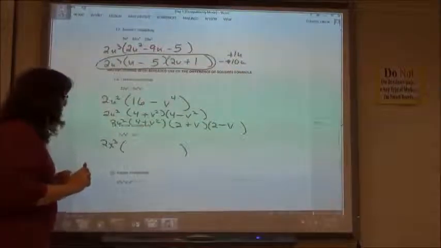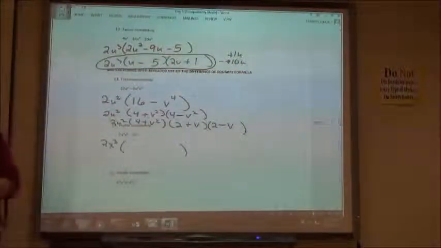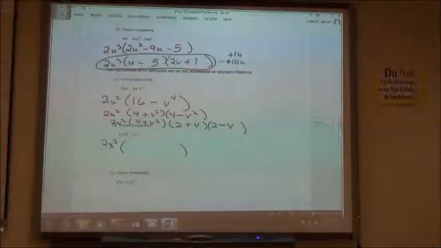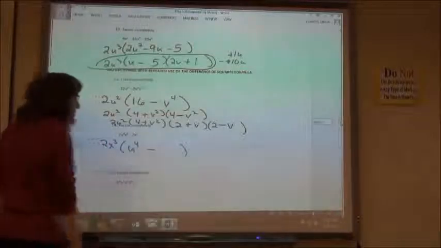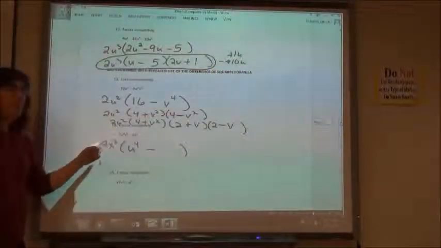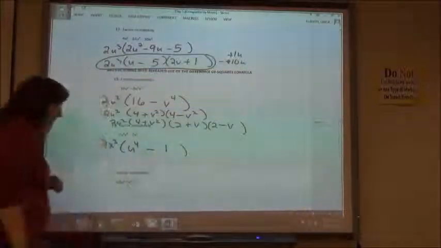If I take the 2x to the third out, I'm left with u to the fourth, right? Minus, now if I take 2x cubed and divide it by 2x cubed, anything divided by itself is not 0, it's 1, right? 2 divided by 2 is 1. I need that 1 there.